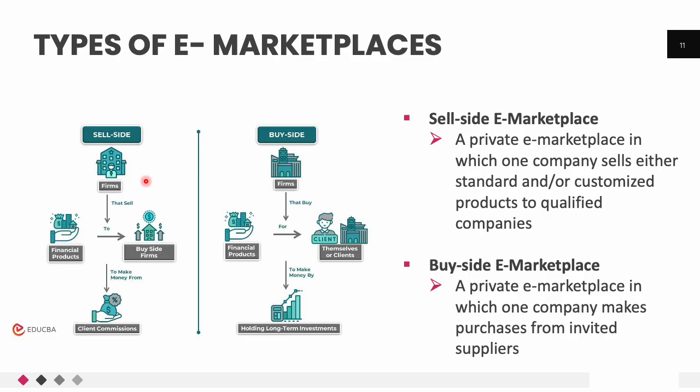And for access, on the sell side, only approved buyers can get their products. Meanwhile, on the buy side, only approved suppliers can sell to the buyer, something like that. It's quite interesting.